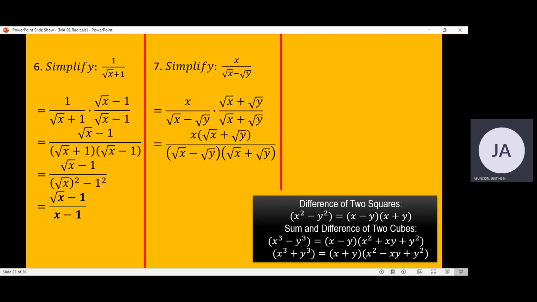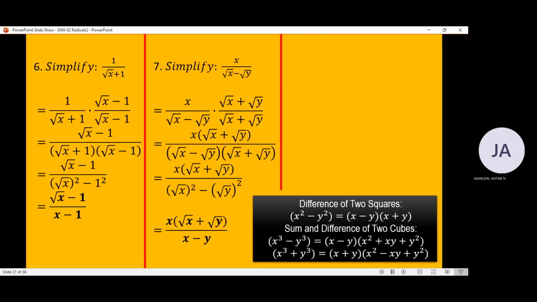So we can eliminate the radicals here. Square root of x minus square root of y times the quantity of square root of x plus square root of y is simply x minus y. So x times the quantity of the square root of x plus the square root of y all over x minus y.